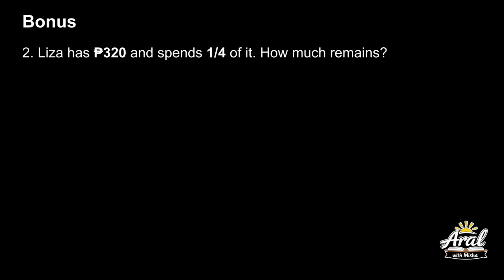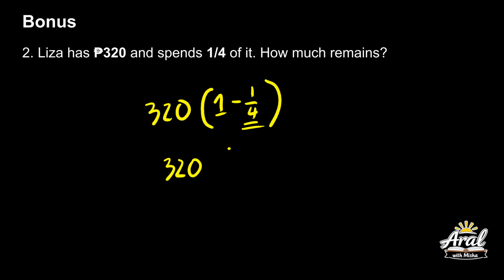Okay, Liza has 320 pesos, spends 1/4. How much remains? Kapag sinabi mong spends 1/4, pwede mo rin technique na is 1 minus 1/4. Dito ka na kagad. Okay? 1 minus 1/4. Ibig sabihin buo, ito yung remaining. Kasi spend mo is 1/4, di ba? Okay, para hindi na tayo mag-subtract mamaya. Dito na diretso. So, 4/4, ang 320 multiply by 3/4.